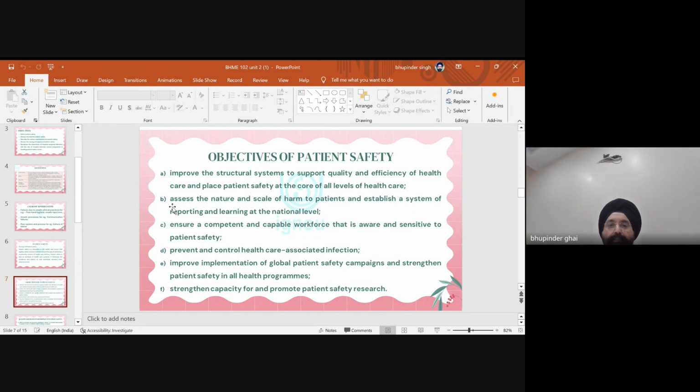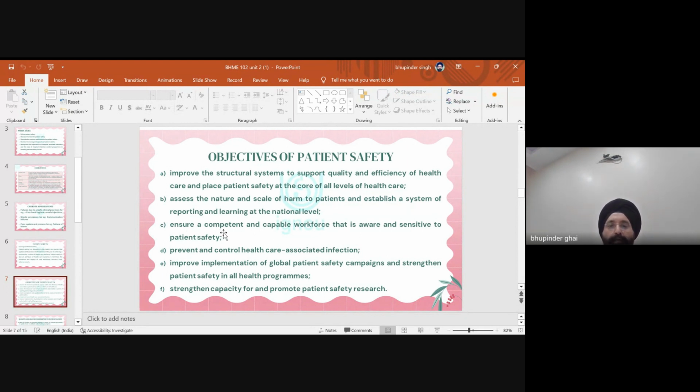Second is to assess the nature and scale of harm to patients and establish a system of reporting and learning at the national level. That means reporting those incidents, which may be at the hospital level and at the national level.